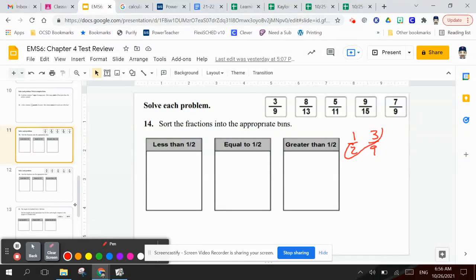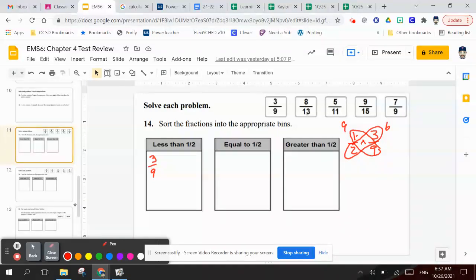So if I multiply 2 times 3, that's 6. 9 times 1 is 9. 9 is larger than 6. So 1/2 is greater than 3/9. So that means 3/9 is less than 1/2. So over here in less than, I'm going to put 3/9.